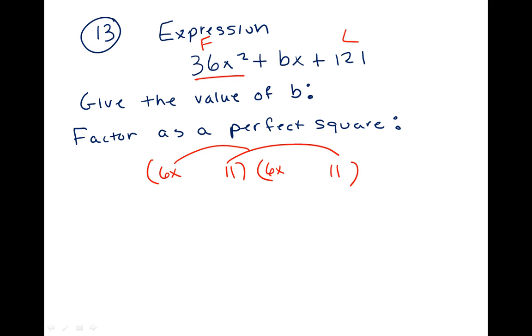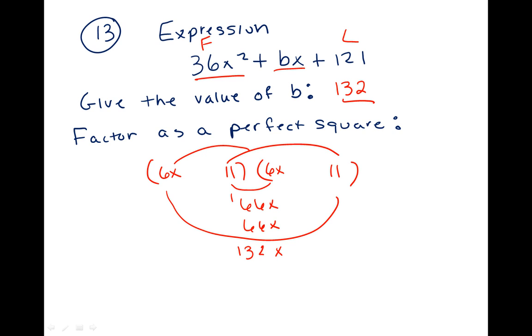Our inner and our outer have to add up to this b. 11 times 6x is 66x. 6x times 11 is 66x. Well, that's adding up to 66 plus 66 is 132. So it looks like b has to be equal to 132.